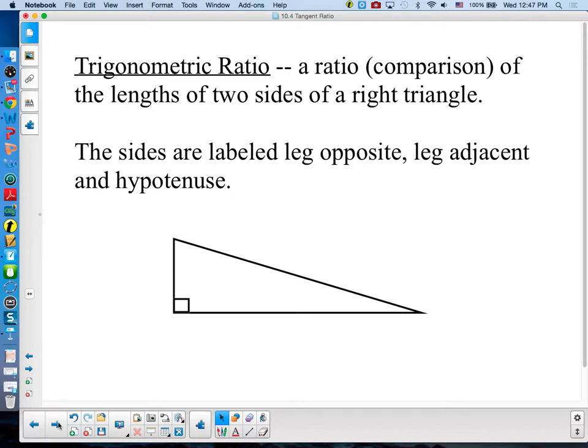Those two numbers are the lengths of two sides of a right triangle. Tangent compares the leg opposite and the leg adjacent. When we get to sine and cosine tomorrow, we'll involve the hypotenuse. But a trigonometric ratio is a ratio or comparison of the lengths of two sides of a right triangle.